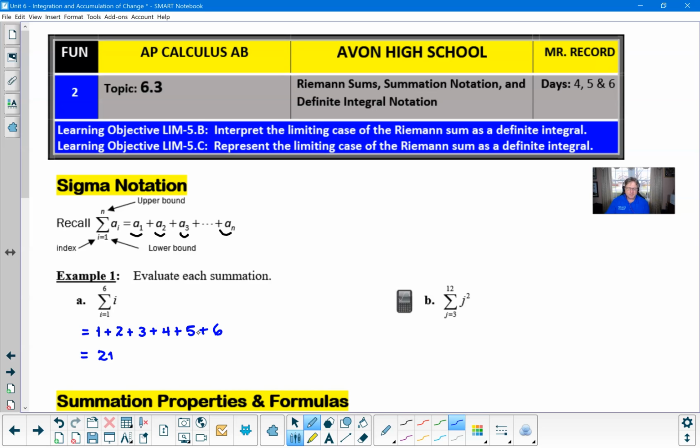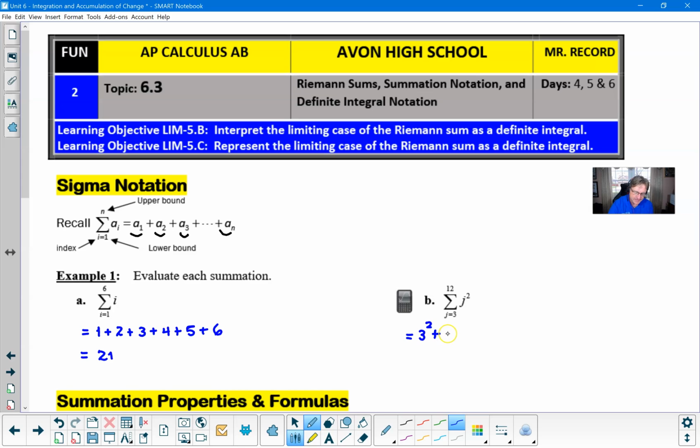Now, if you take a look at part B, the summation of j squared as j goes from 3 to 12. Well, again, if we choose to write these out, it's going to be a bit tedious because we replace the j with 3, and then of course any other operation around that j has to retain and act upon that 3.